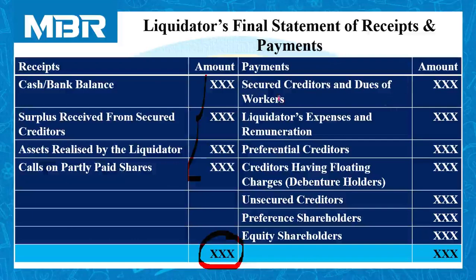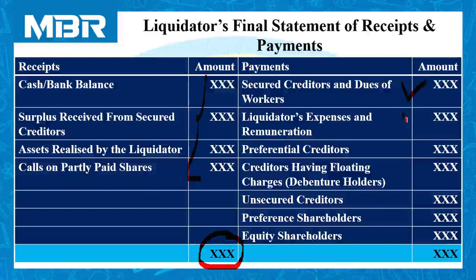So the first order of payment is secured creditors and dues of workers. We have to pay them at first priority before paying anything to anybody.